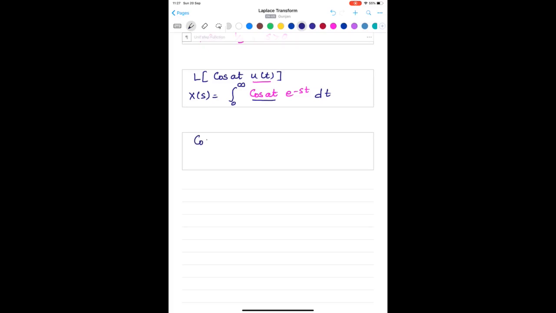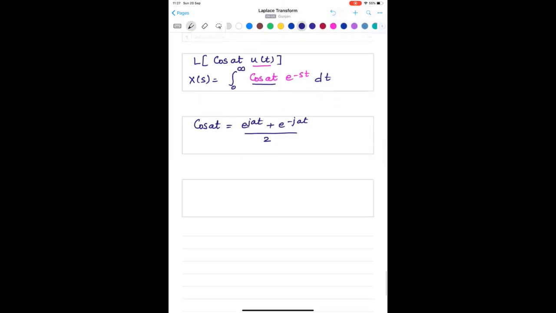If you remember, cos at can be written as e raised to the power j at plus e raised to the power minus j at, divided by 2. If there is a sin at, then it will be replaced by e raised to the power j at minus e raised to the power minus j at, divided by 2j.